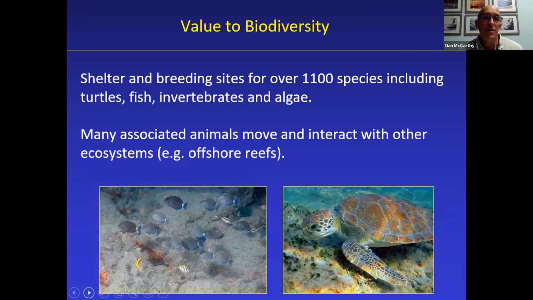But many of these associated animals may move and interact with other ecosystems, such as deeper offshore reefs, okay? And clearly, this is a photograph showing some diversity with respect to fish, but very clearly turtles move around a lot, okay? And that's a premier example of turtles utilizing these habitats, but then going to other systems, sometimes very far away.